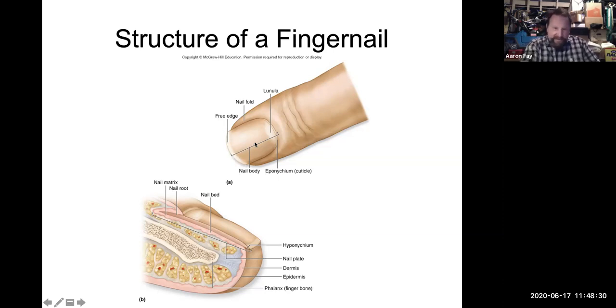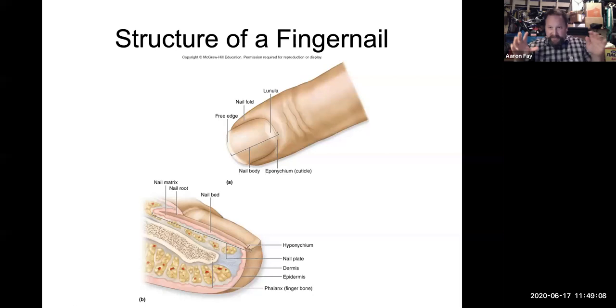Including the free edge is the part of the nail that you can see exposed from the body, called the nail body. So the nail body is the part of the nail plate which is exposed to the outside. That includes this portion here, and it includes the free edge. So the biggest structure is the nail plate, which includes the root and the nail body. The nail body also includes the free edge. If we go back to this cross section, the part of the nail that's inside your skin, inside this area right here, is called the nail root.